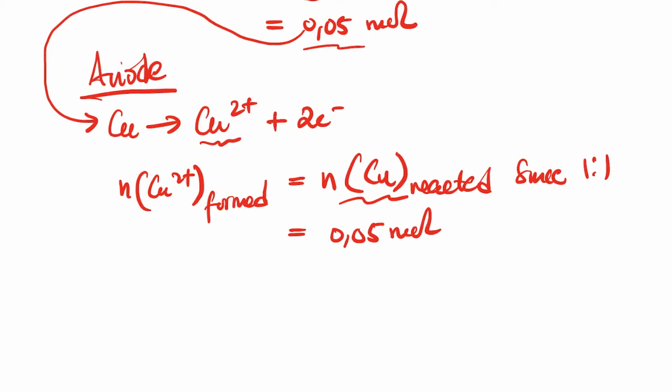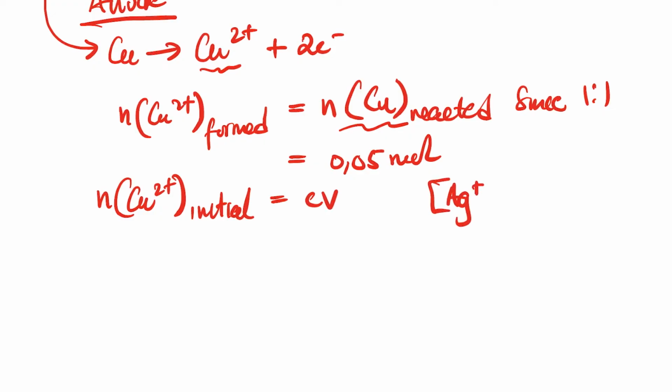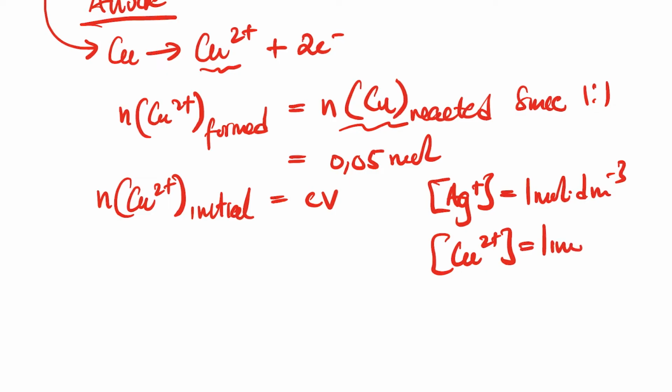Okay, so from that we can calculate the initial number of moles of Cu2+ using the concentration. We know the concentration of silver ion in the standard electrochemical cell is 1 mole per dm3, and the concentration of copper ion is 1 mole per dm3 initially.